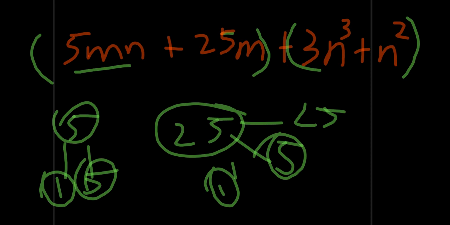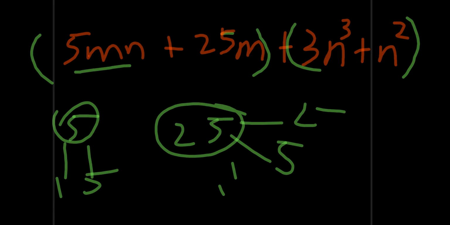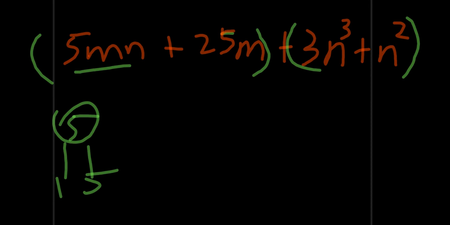So even if 25 has more factors, our main focus is the 5, because 5 is the highest number that they share, something in common. So 5 is the highest common factor, and we pull 5 outside of the bracket.